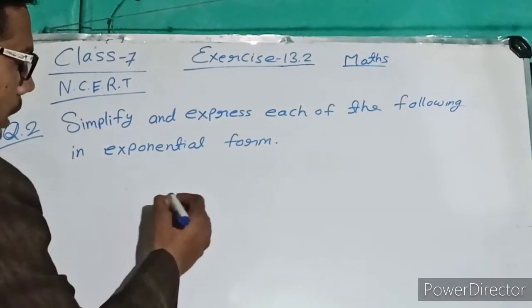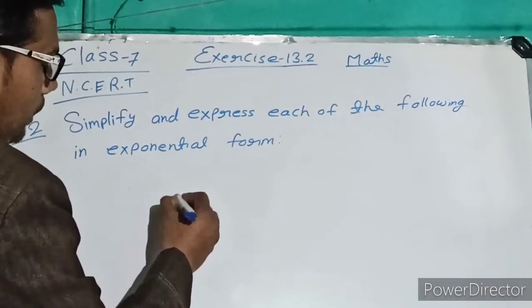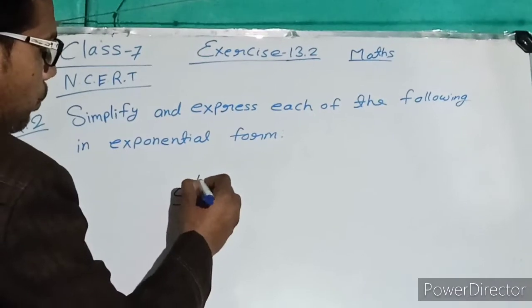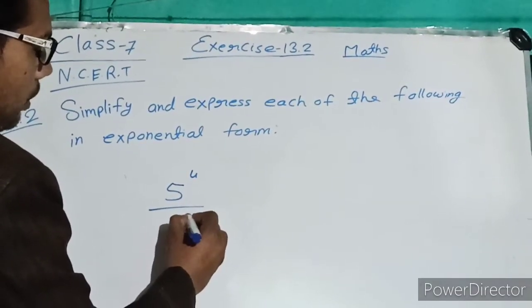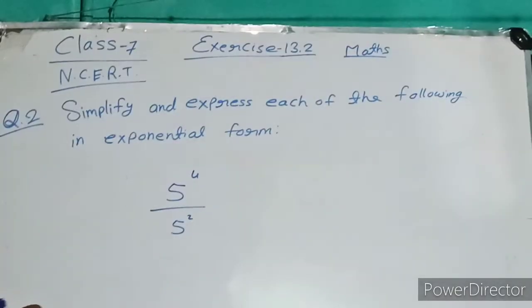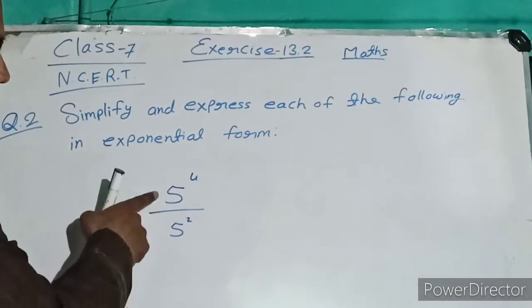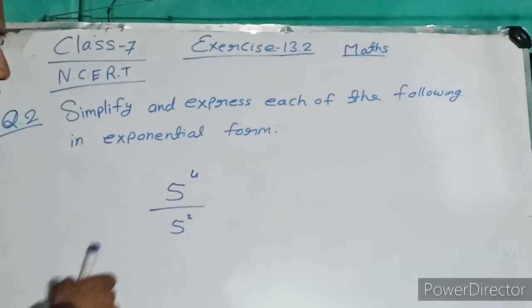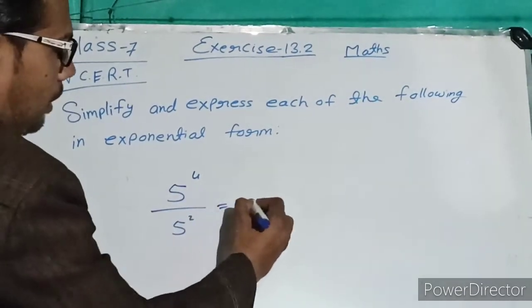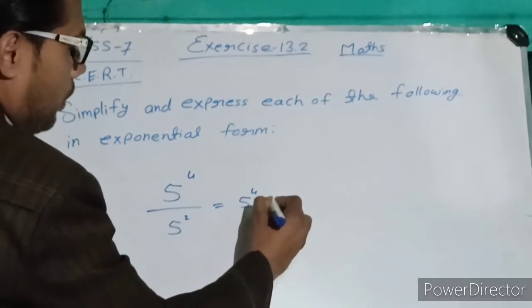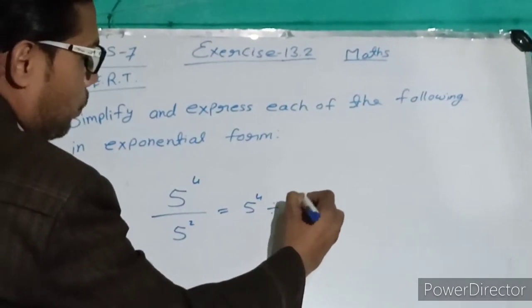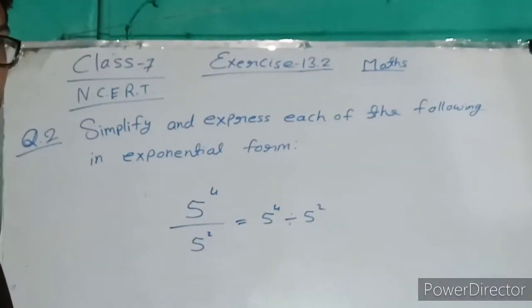But before we start our first question, we need to understand some basic rules. Suppose we are given a question like this: 5 raised to the power 4 upon 5 raised to the power 2. It means it is in a division situation, so we can write it as 5 raised to the power 4 divided by 5 raised to the power 2.